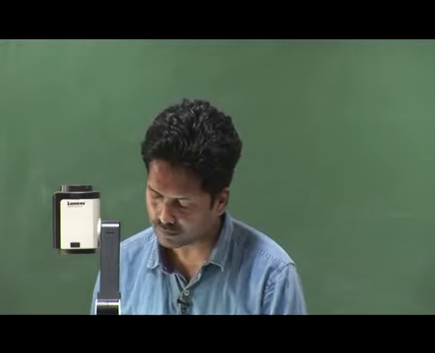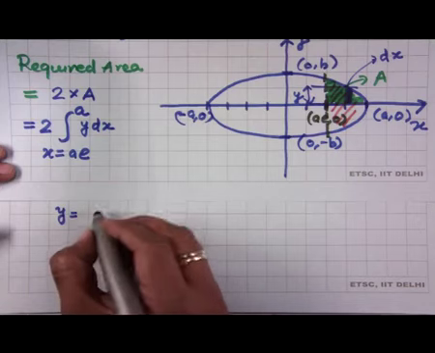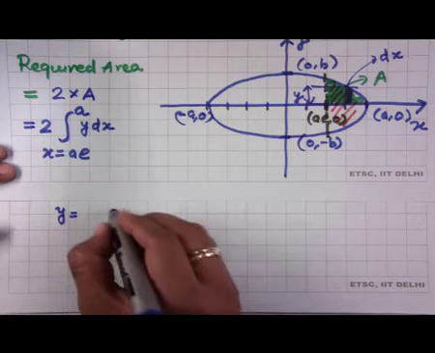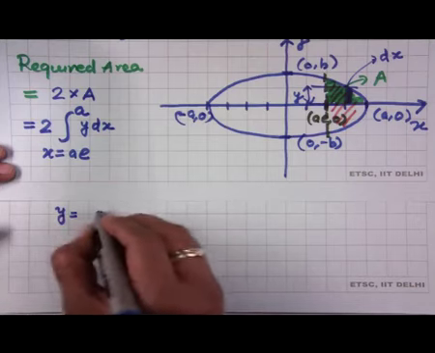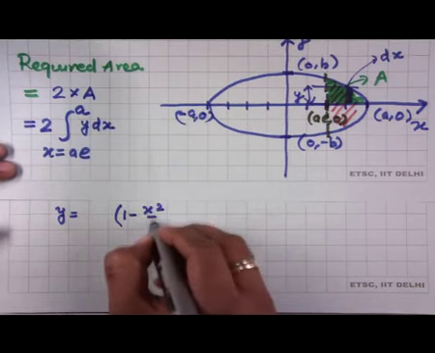If you solve the equation for y, you get two values of y, plus minus b under root 1 minus x square by a square.